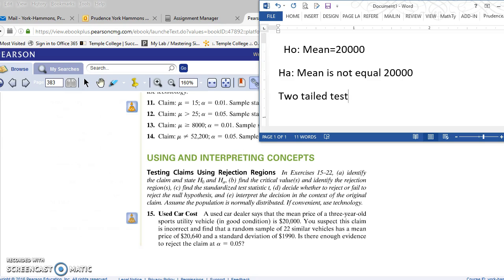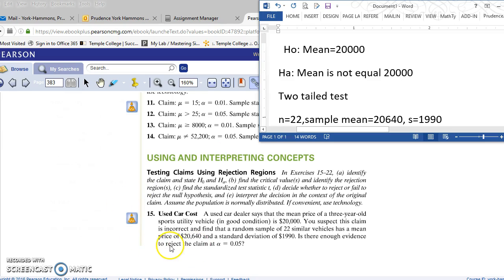Now the first thing it says, you suspect that the claim is incorrect and find that a random sample of 22 similar vehicles, so n equals 22, little n, and has a mean price, so that is your sample mean is equal to 20640, and the sample standard deviation S is $1,990.